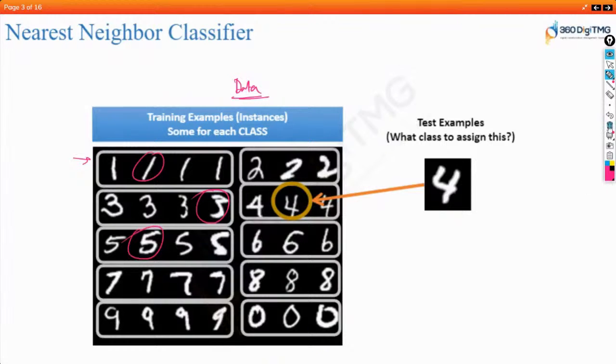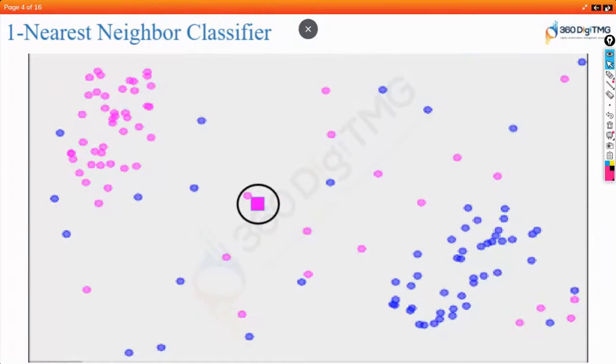The more the data, the better the training, the better the learning. And it tries to figure out the closest resemblance, and based on that, it identifies the class category.